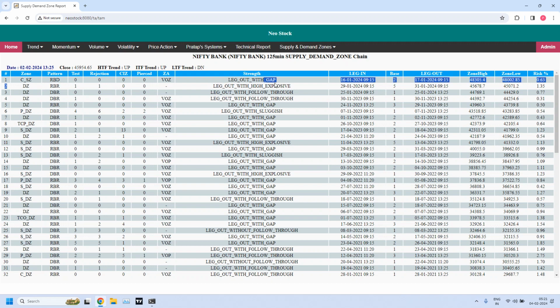This is the immediately available demand zone. Check it out with high exposure. But it is already tested. The one below is a fresh zone. This one is tested once. Just to go through these.